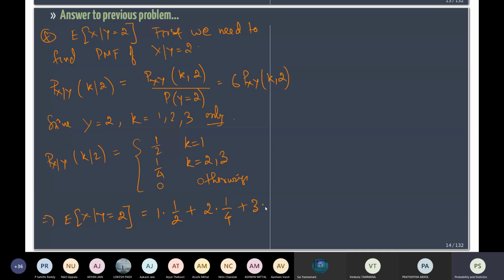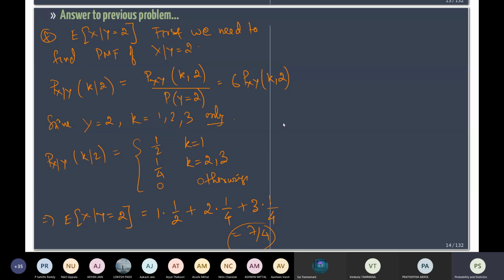Plus 3 times, again, 1 over 4. Overall, this is 7 over 4. No problem, an expectation can be more than 1.